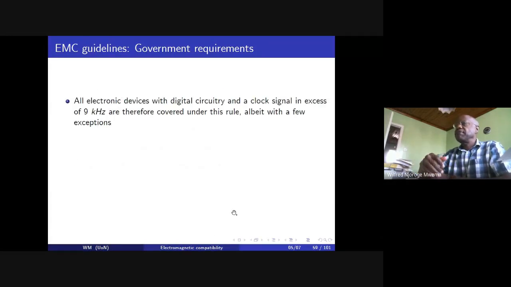So all electronic devices with digital circuitry and a clock signal in excess of 9 kilohertz will be covered under this rule, with a few exceptions.